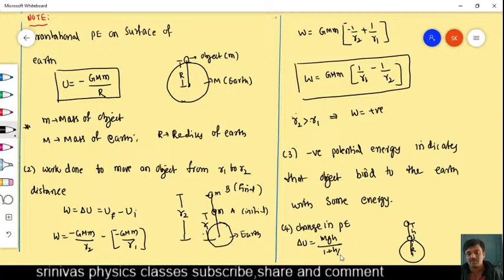In the last class we derived it, right? If h is less than r, then h by r is less than 1, and we take the change in potential energy as mgh. Okay, this is about the potential energy.